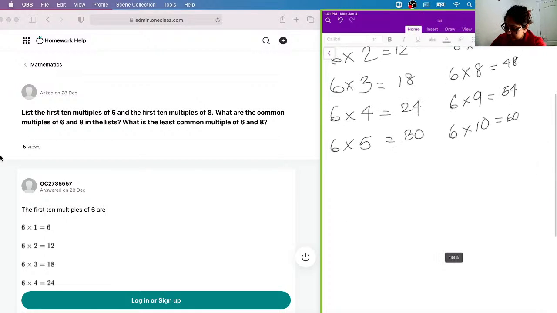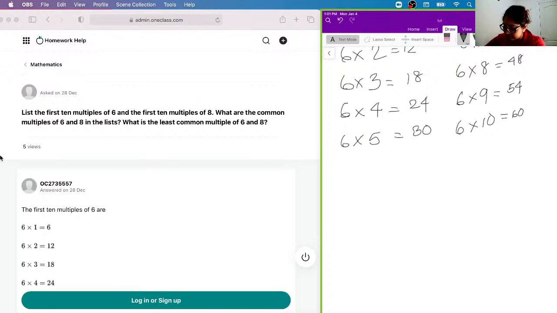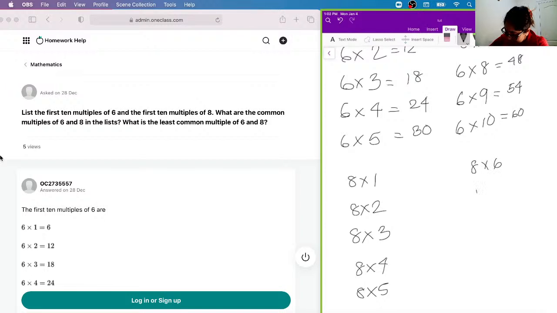Now, the next step is to find the first 10 multiples of 8. It's 8 times 1, 8 times 2, 3, 8 times 4, 8 times 5, 8 times 6, 8 times 7, 8 times 8, 8 times 9, 8 times 10.